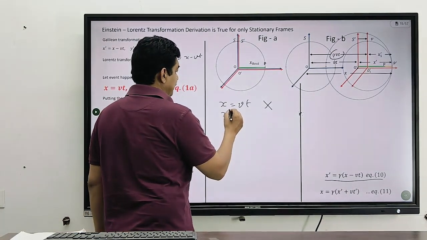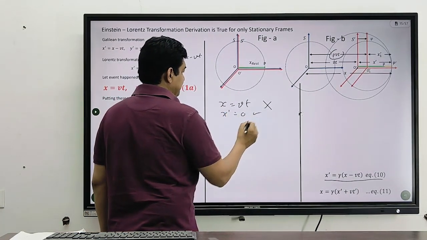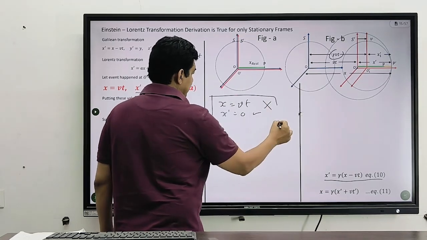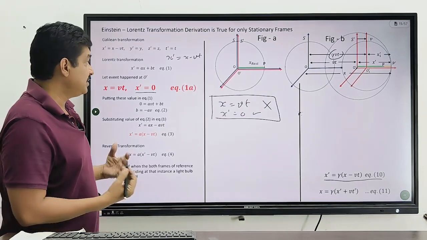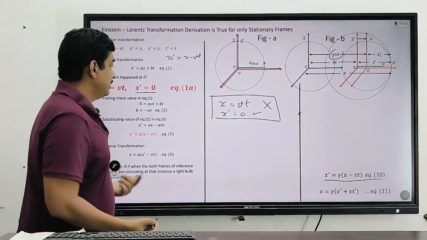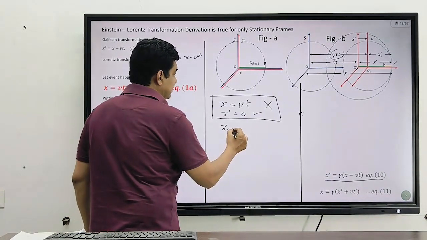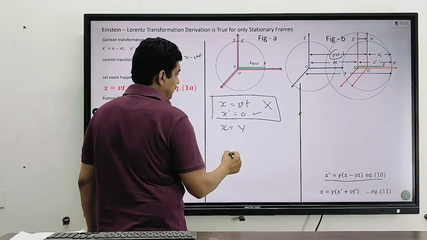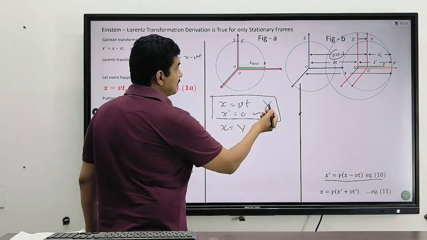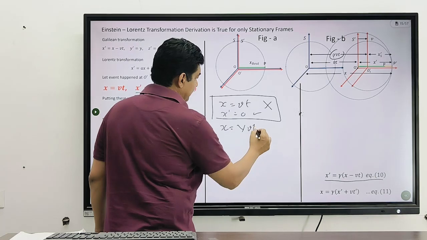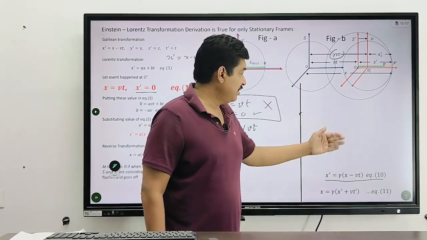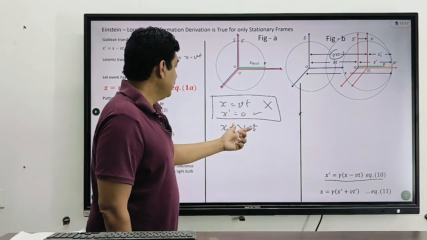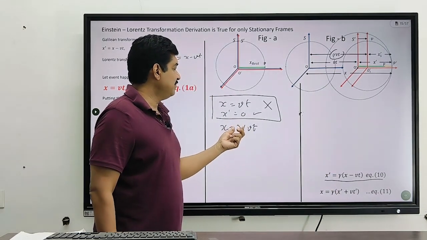x prime is equal to 0 is right. So what should be the right assumption? The right assumption should be x is equal to some gamma Vt. But gamma is described later on; we got the value of gamma later on. So gamma can be any other function.